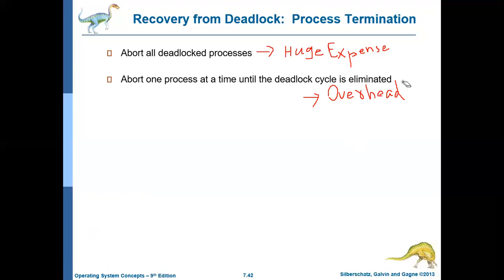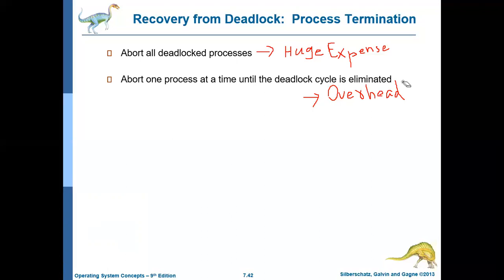So basically these are the two ways by which processes can be terminated to recover from the deadlock. The first method simply says just terminate all the processes, but it comes with a huge expense because the processes might have already executed for a long time.